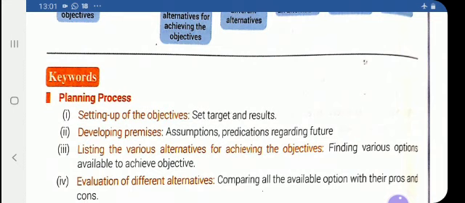Now the third step, that is listing the various alternatives for achieving the objectives, or you can say identifying the alternative courses of action, means finding various options available to achieve the goals, means how many ways are there to achieve the goal. All the alternative courses of action which are available for consideration, we have to identify.